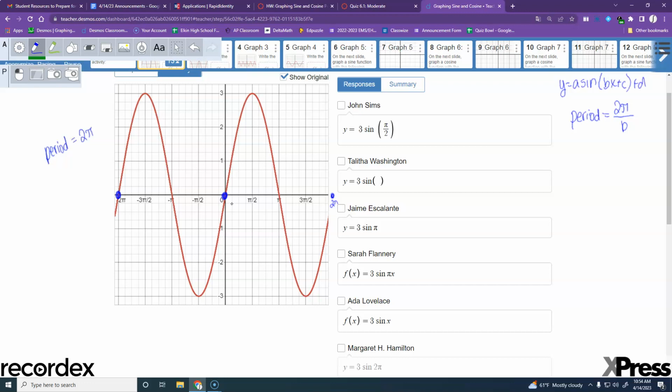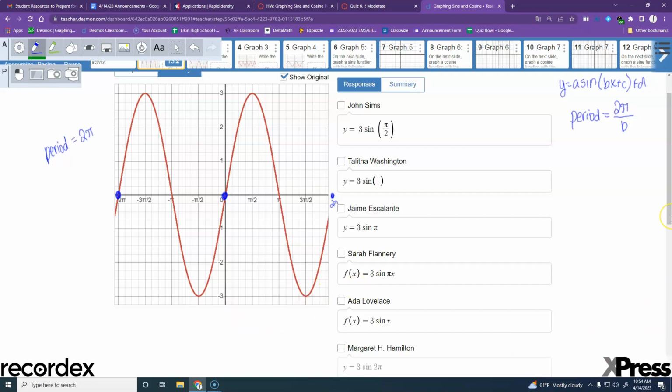So we've got to do 2 pi divided by that b. Well, for us to get a period of 2 pi, we didn't divide it by anything. We just divided by 1, right? So that b value, the number in front of the x, needs to just be a 1, which means it's just going to look like what Ada here has, f of x equals 3 sine x.